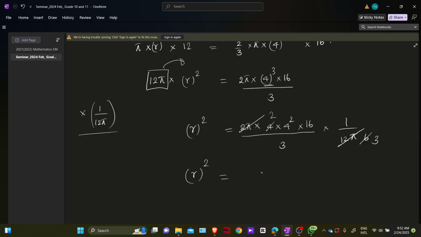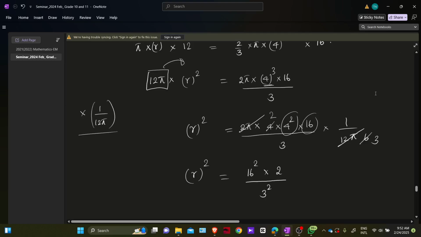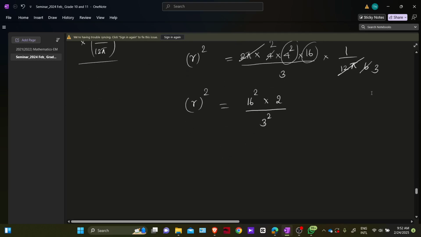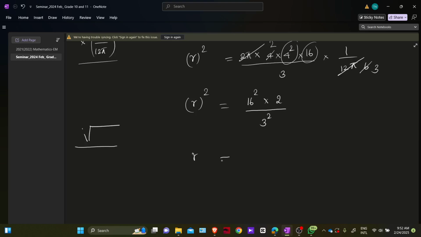R squared is equal to what? 16 is there, another 16 is there, finally 16 squared is there, right? Another factor 2 is there here, then 3 squared is there, right? Okay, right. How can you reduce the index from 2 to 1? Just take the square root, right? By taking square root on both sides, you will get the answer for r. This will be, make sure to put plus or minus.